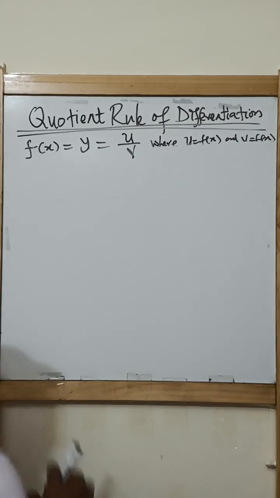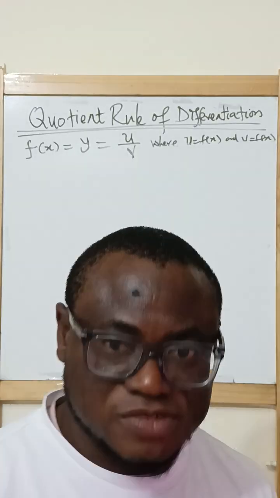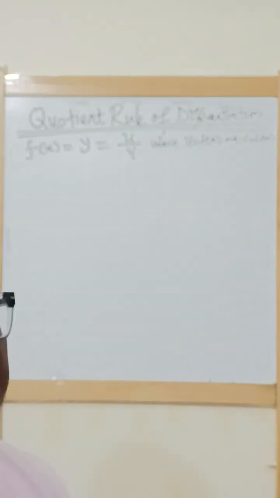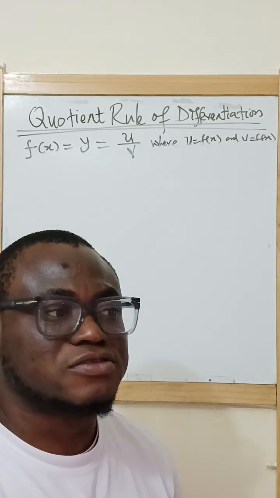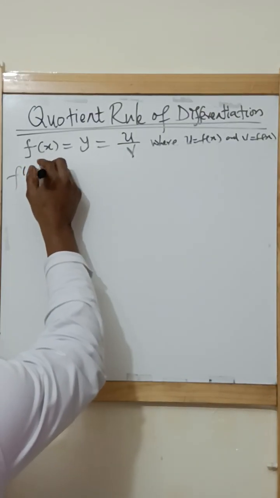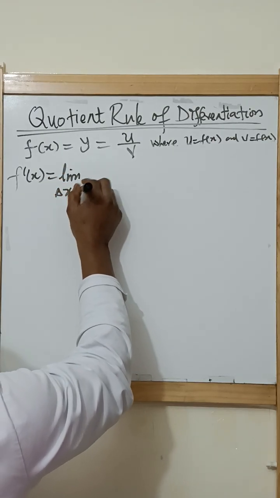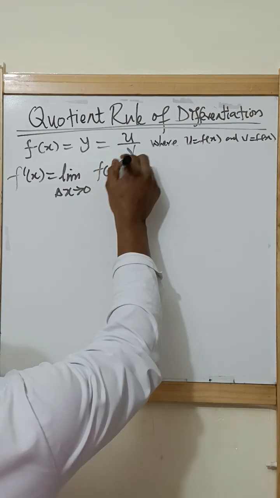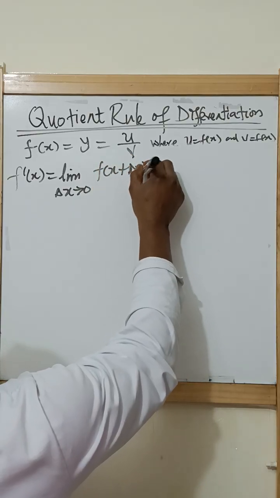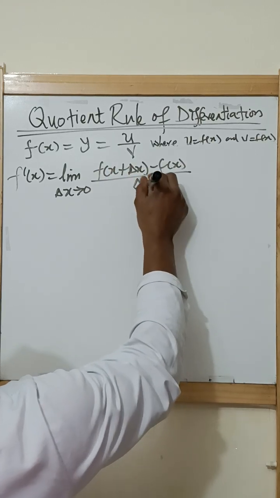So we are going to apply the same first principle that we have been applying in getting our formula. f prime of x is the limiting value as delta x tends to 0 of f of x plus delta x minus f of x all over delta x.